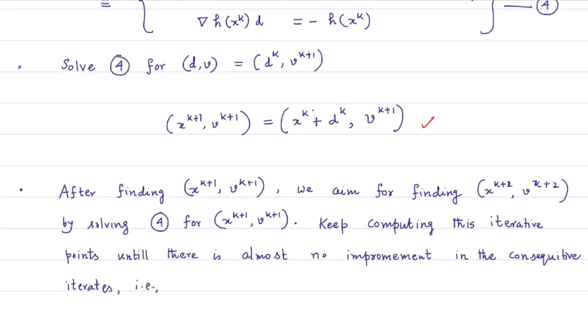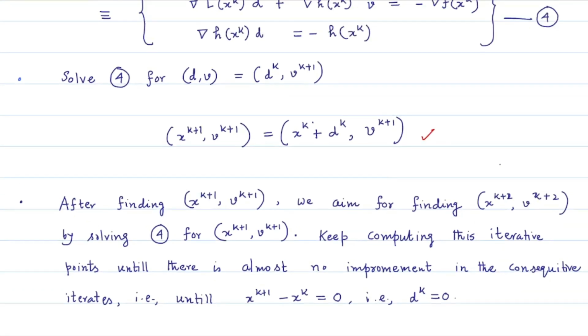That is, until ideally you find that xk plus 1 minus xk is equal to the null vector. That is, until you find that dk equal to the null vector is a solution to this system 4.